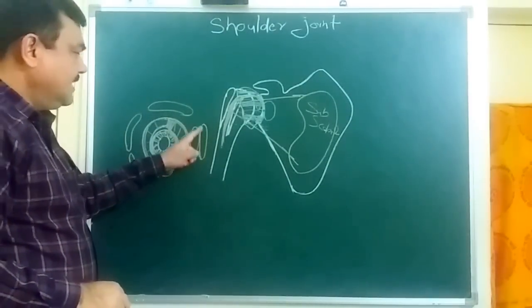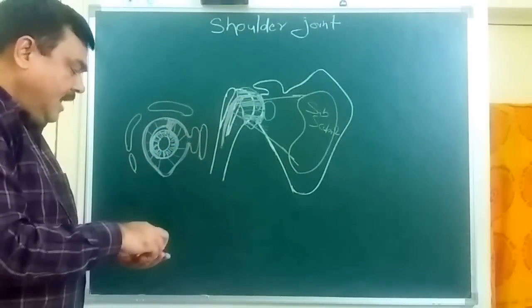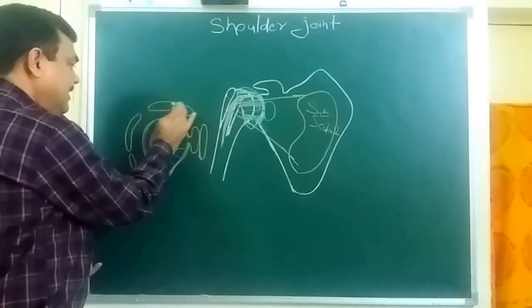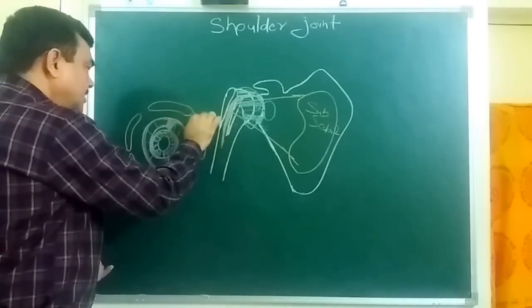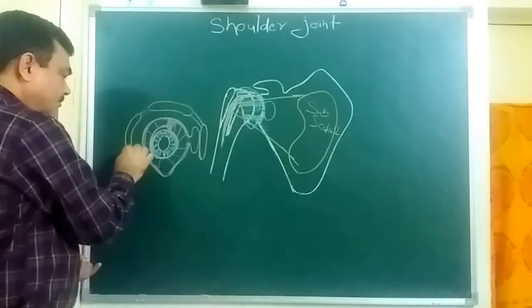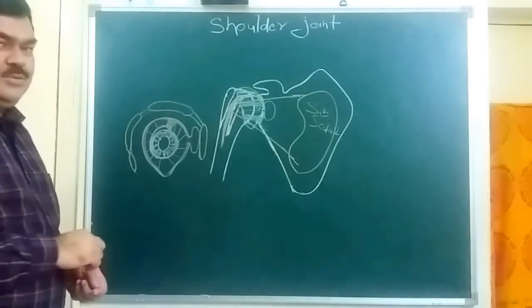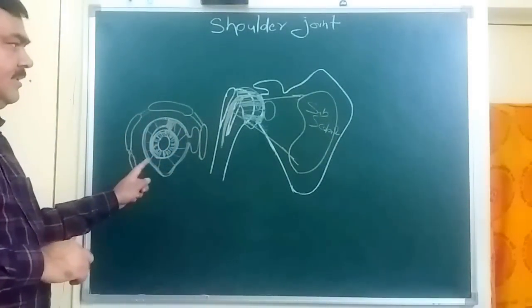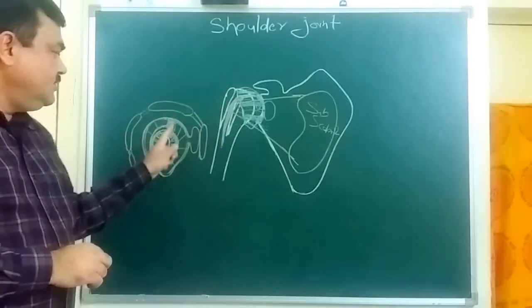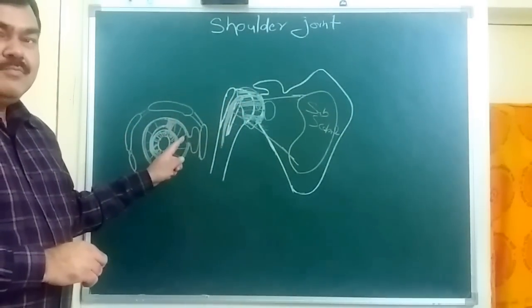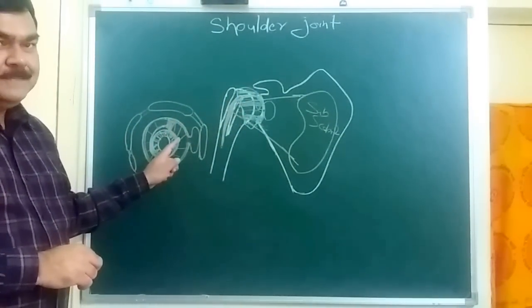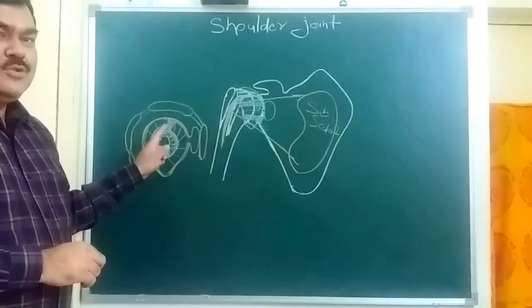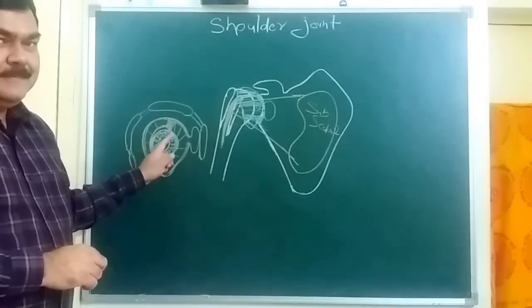So the tendons of these muscles become flattened and joined with each other by fibrous connective tissue. So this system around this joint forms the musculotendinous cuff. It is also known as the rotator cuff.